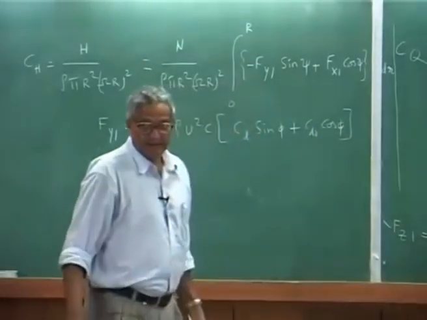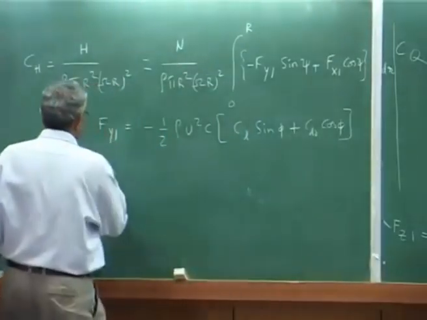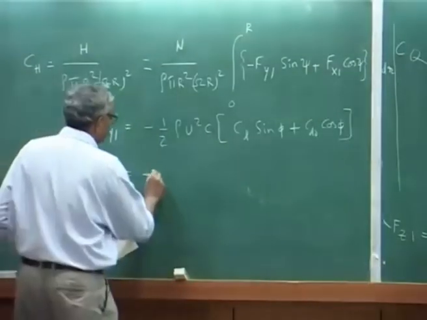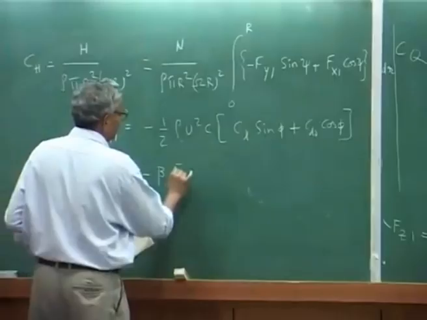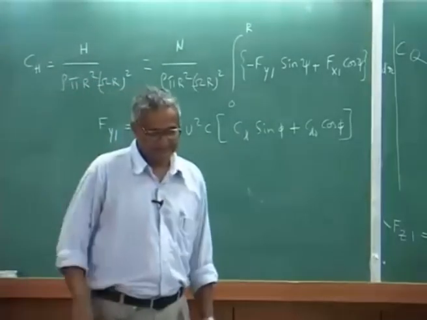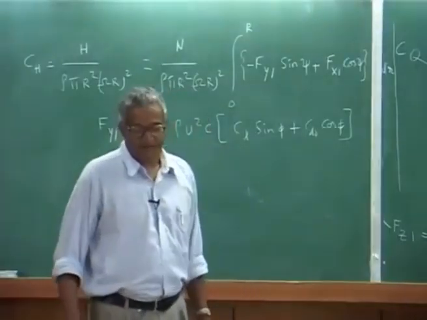And your f x 1 is minus beta f z 1, as earlier.